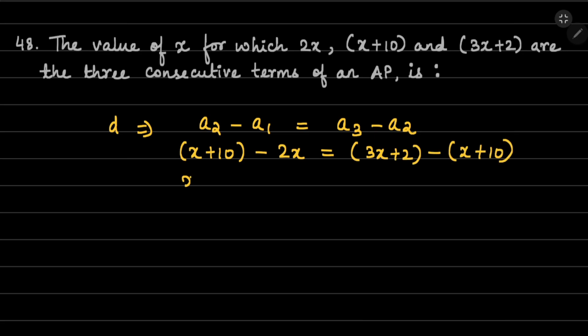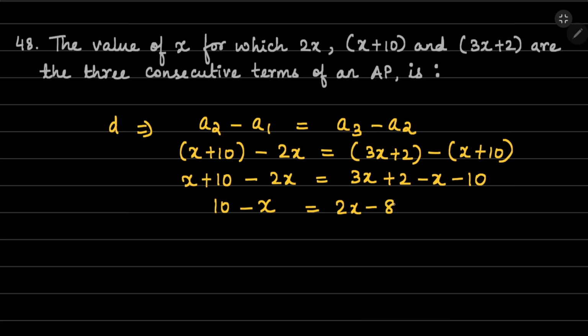So just simplify it. You have x plus 10 minus 2x equal to 3x plus 2 minus x minus 10. So this is nothing but 10 minus 2x plus x, which is minus x, equal to 3x minus x, which is 2x, minus 8.